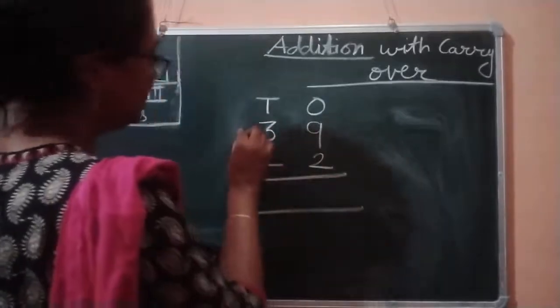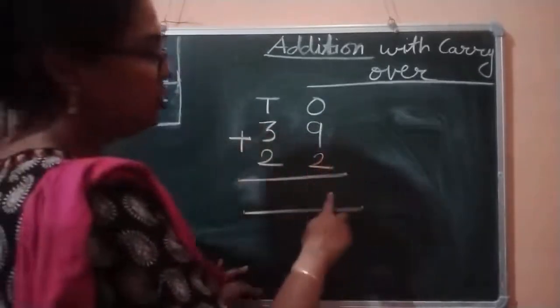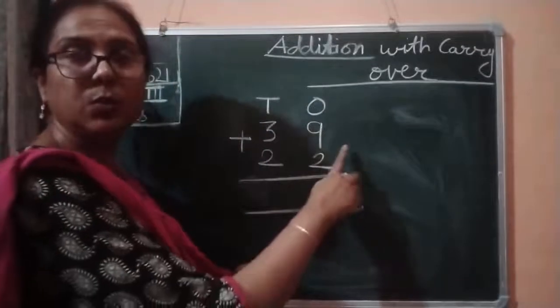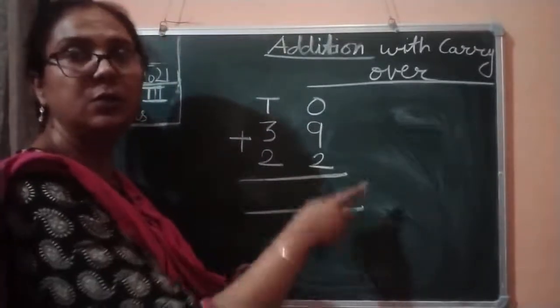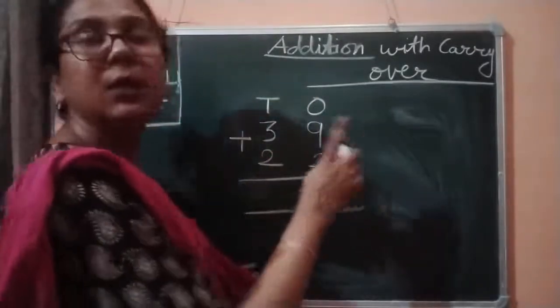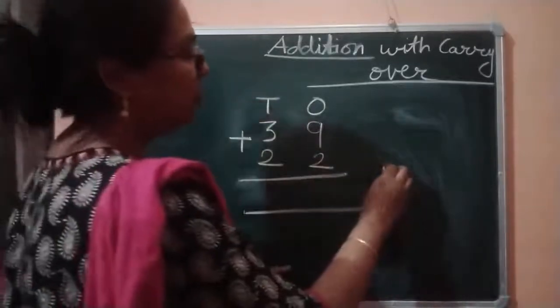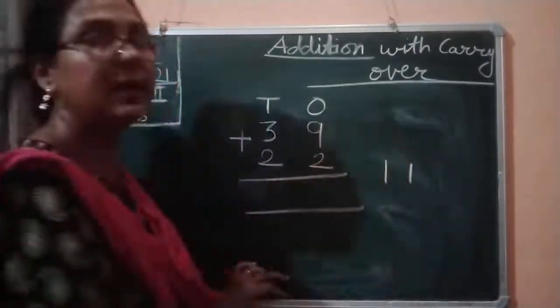Children, please see, 9 and 2 are ones. So we have to count it. 9 and 2: 10 and 11. So what are we getting over here? Answer 11.